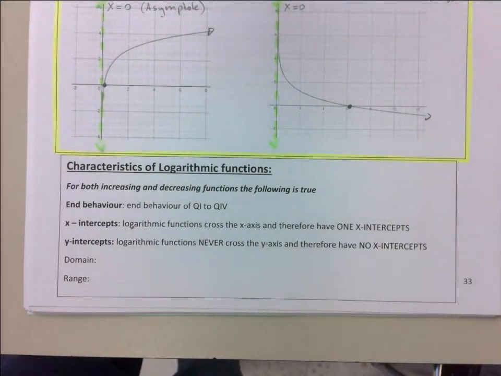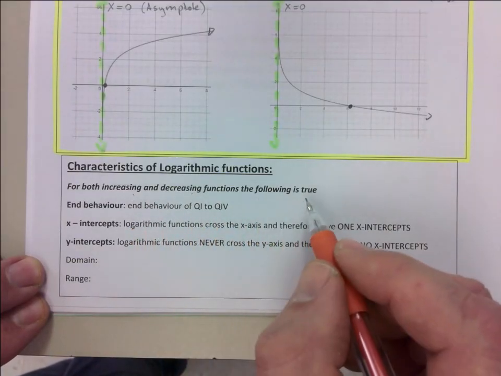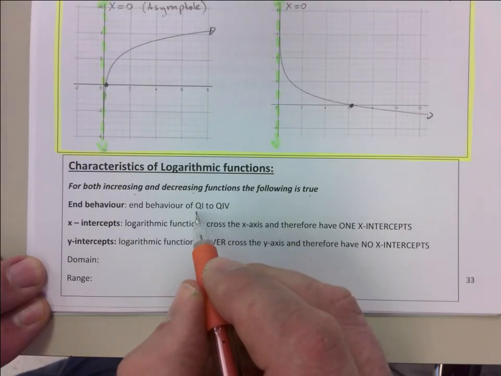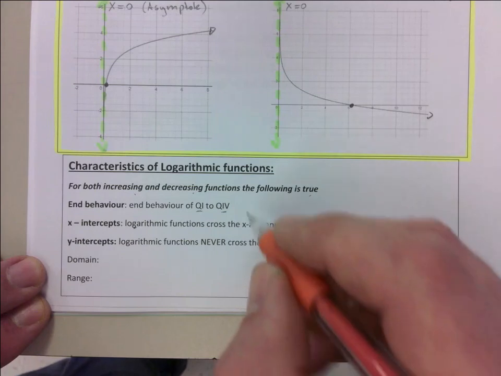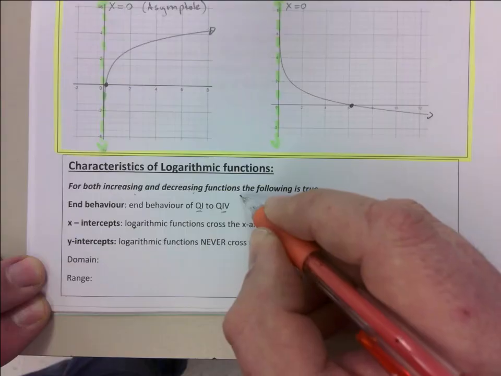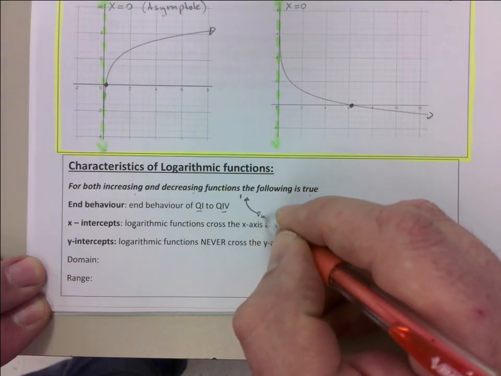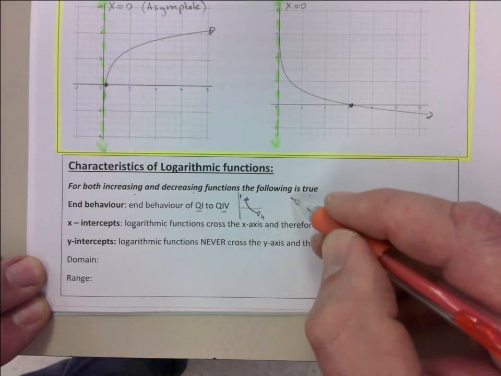Characteristics of logarithmic functions continued. For both increasing and decreasing functions, the following is true. The end behavior is always quadrant 1 to quadrant 4. Regardless if it's doing this, this is 1, this is 4, because remember the axis is here, okay?